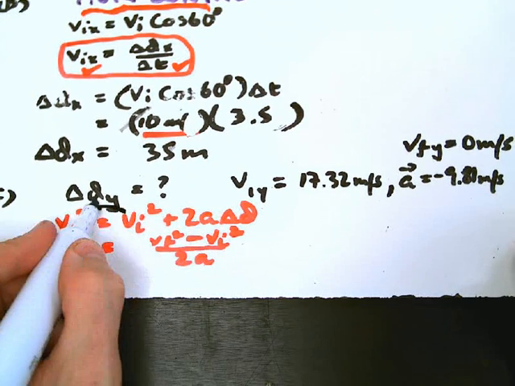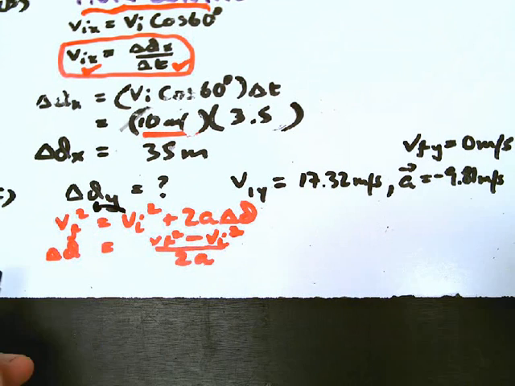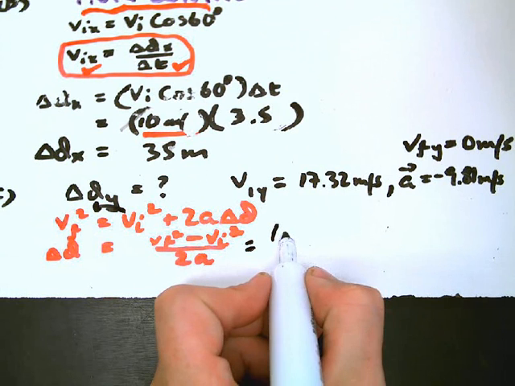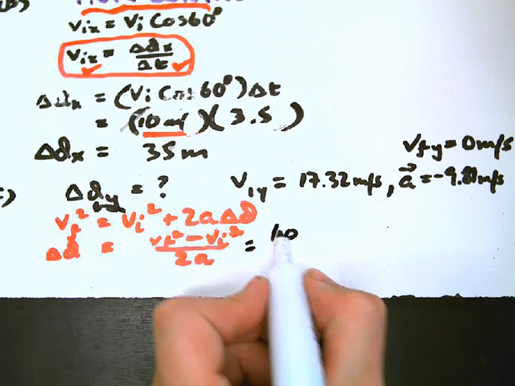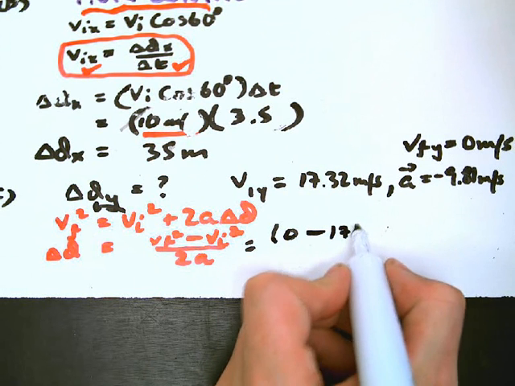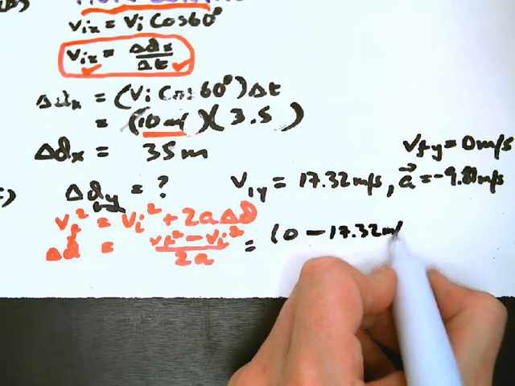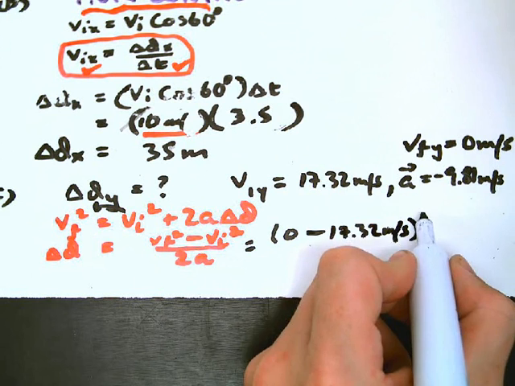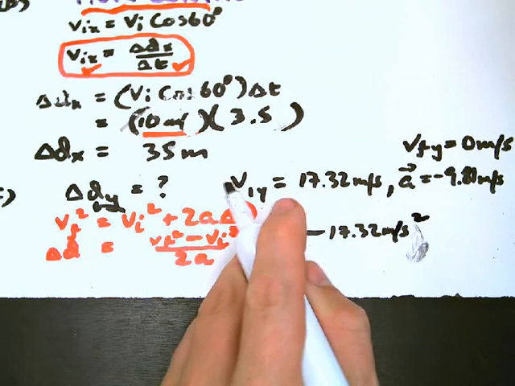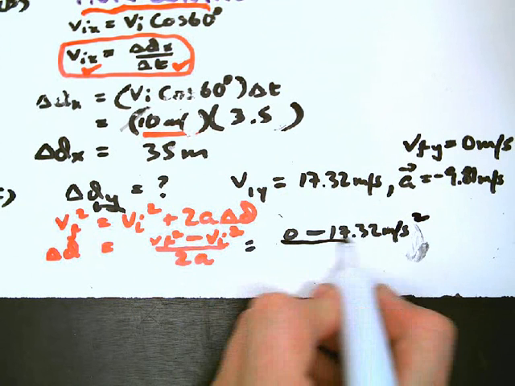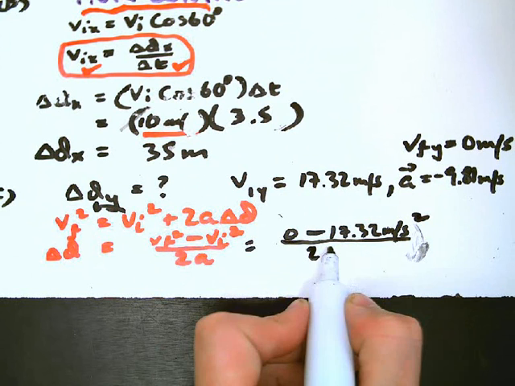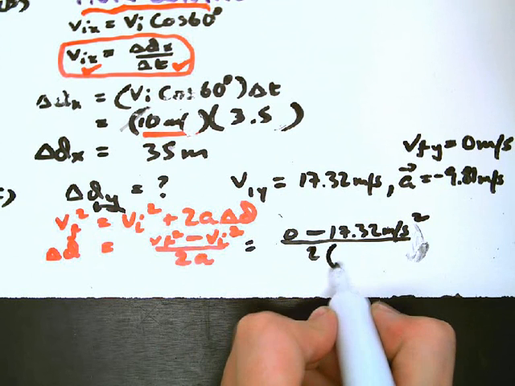And that's equal to Vf squared, which is 0, minus Vi squared, which is 17.32 meters per second squared, all over twice negative 9.81 meters per second squared.